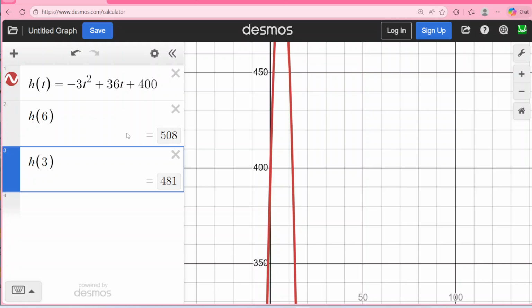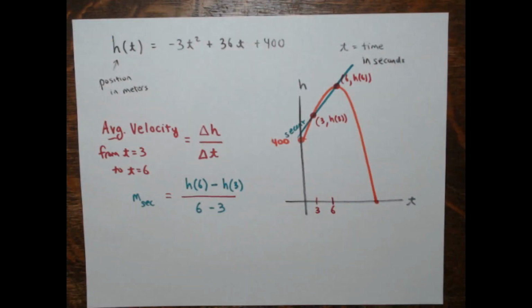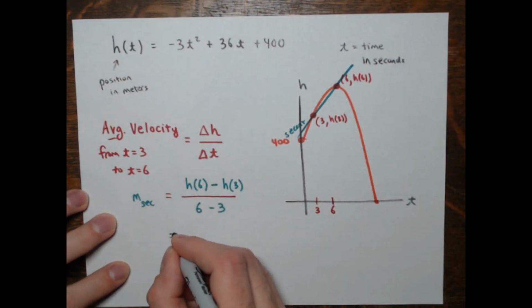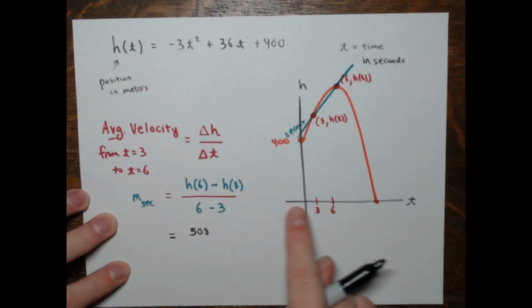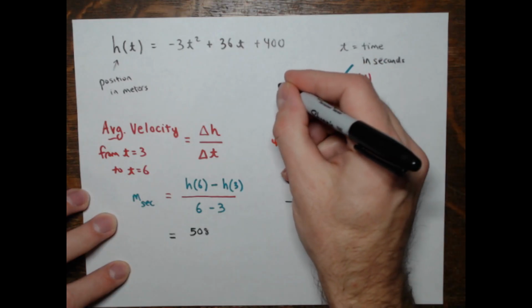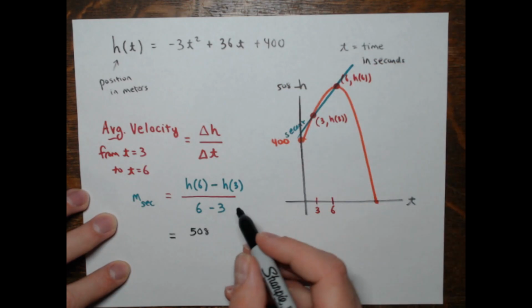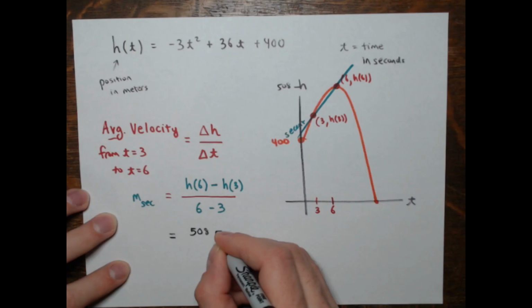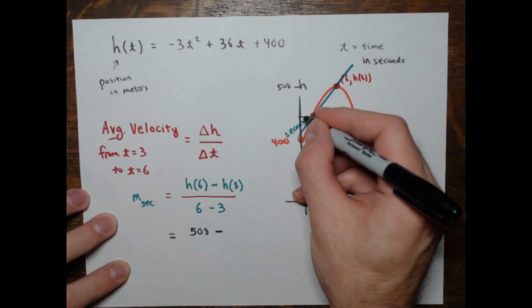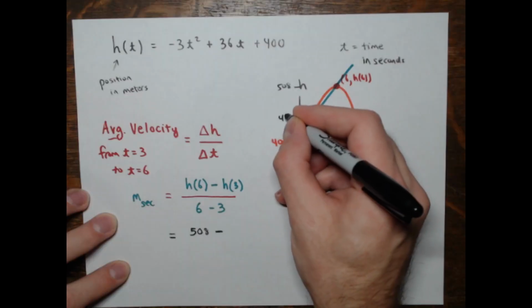That's 481. So 6 seconds in, you're 508 meters in the air, whereas 3 seconds after the launch, you were 481 meters in the air.